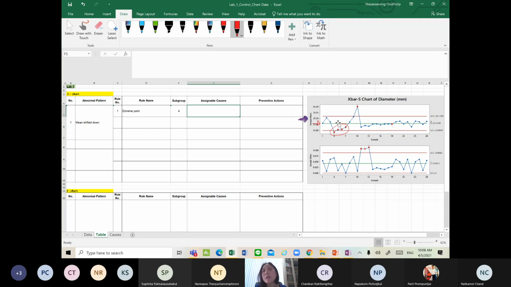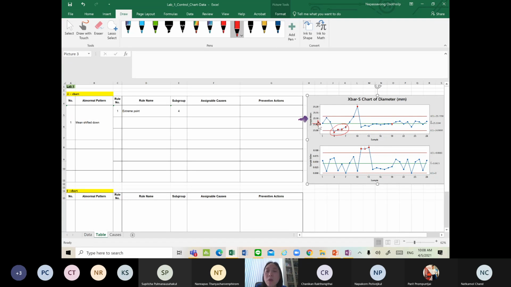And then if she doesn't have enough knowledge about control charts, the correct decision should be that even though these 3 points are above the center line, this is not strong enough evidence to say that the average or the diameter of the parts is high, because they are still within the control limits without violating any rules.